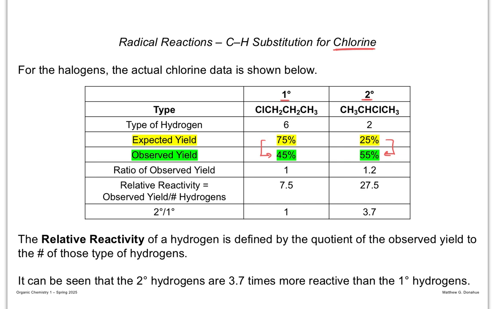This column that says ratio of observed yield, we're basically taking the smallest yield, 45%, and using it as the denominator for the other yields. So 45 divided by 45 is 1. 55 divided by 45 is 1.2. Where we were expecting a 3-to-1 ratio, we're actually seeing a 1-to-1.2.